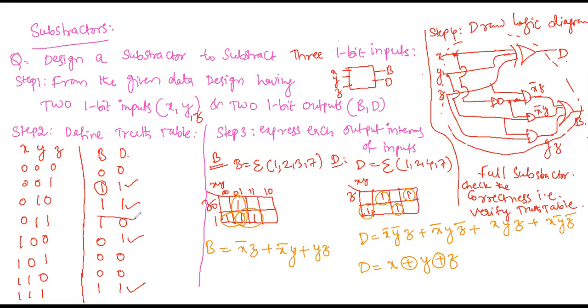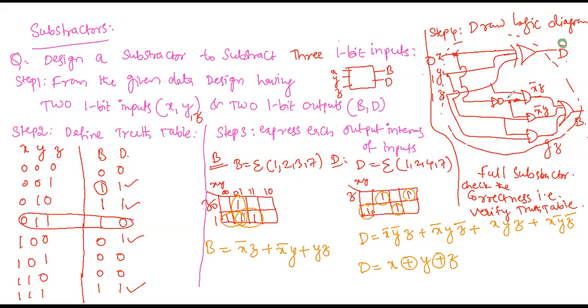I am taking this combination. For example, x value 0, y value 1, z value 1. So 0 XOR 1 XOR 1 is nothing but 0. Okay, you are getting 0.